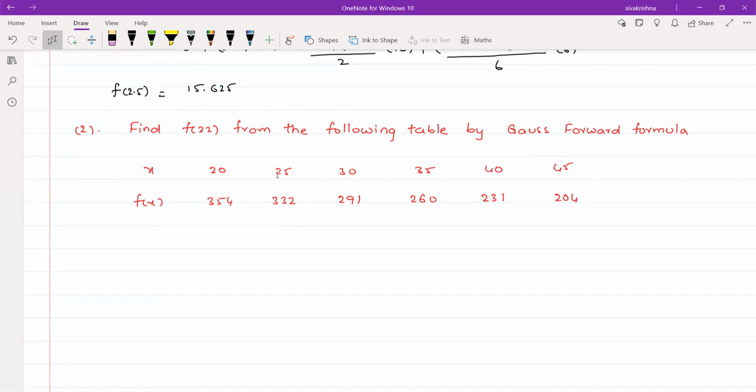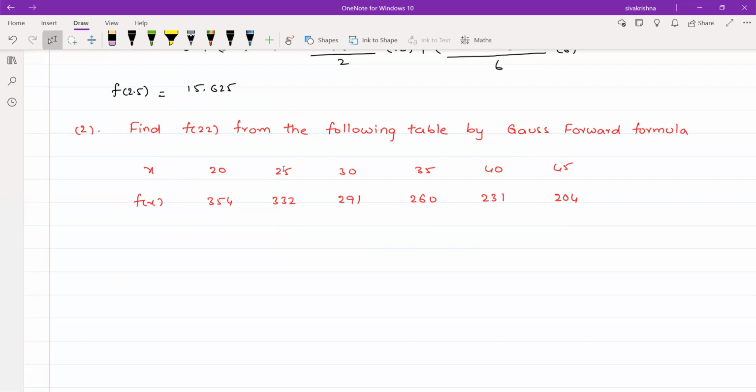But here, if we choose x naught as 20, then we do not have a single value to the left side of 20. So I am choosing x naught as 25.